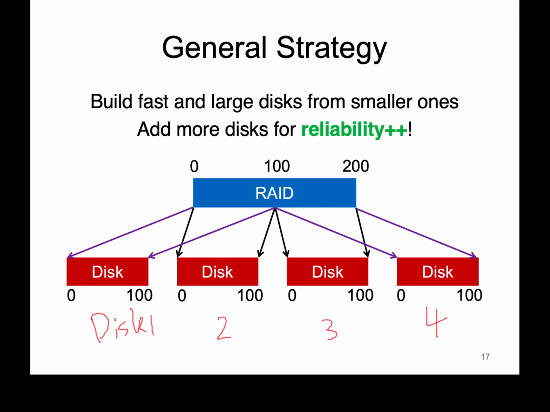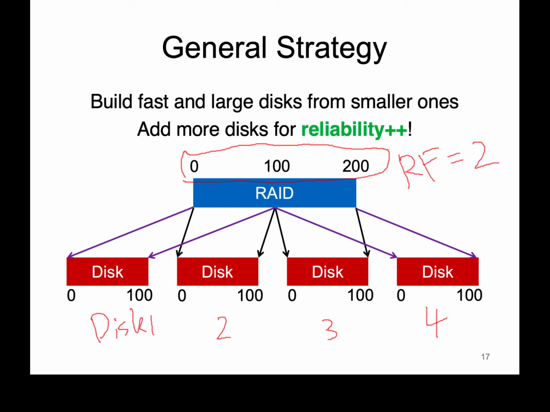On top of these 4 disks, we build a single RAID layer which exposes a unified address space of 200 sectors, ranging from sector 0 all the way to sector 200. And it supports a replication factor of 2, right?